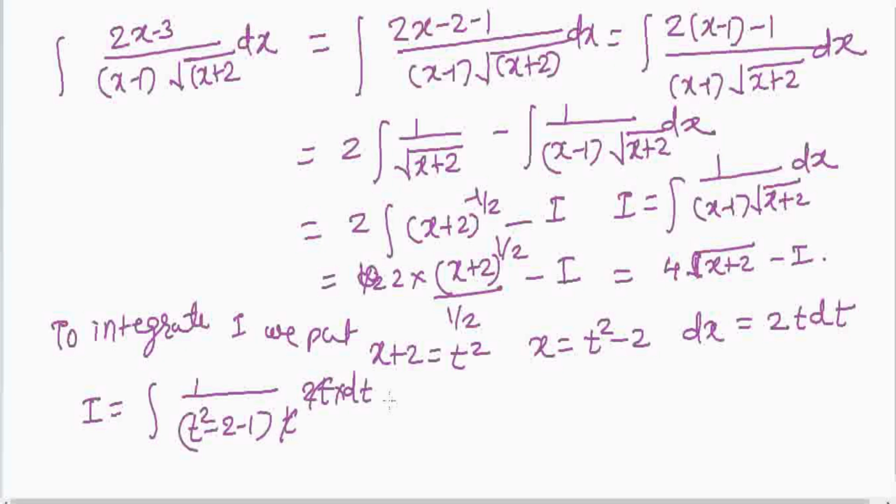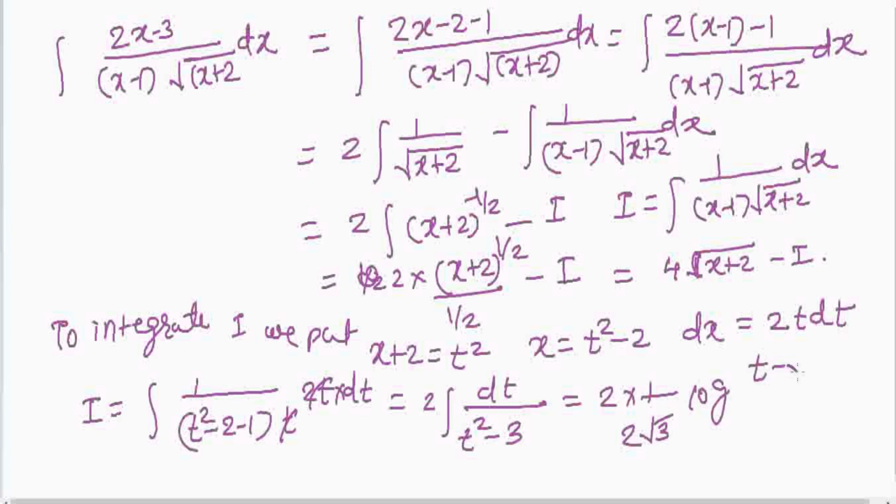t dt cancelled, and we have 2 into integration of dt divided by t square minus 3, equal to 2 into 1 divided by, again 2 into under root of 3 into log of t minus under root of 3 divided by t plus under root of 3.